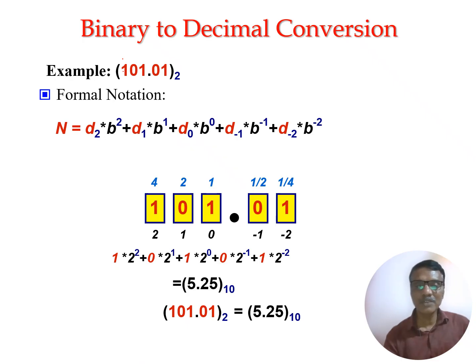So 0 into 0.5 becomes 0, and then 1 into 1 by 4, that is 0.25. That's why 5.25 is its equivalent decimal value. So the binary value 101.01, its equivalent decimal value is 5.25. So that is binary to decimal conversion.